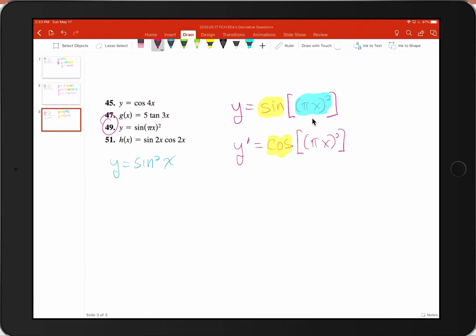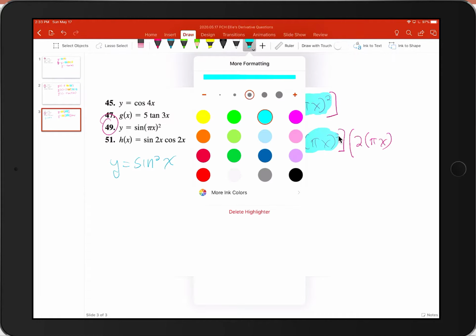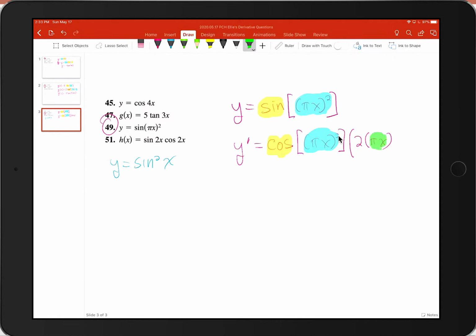Now we have to multiply times the derivative of the inside function, and I'm going to use a bracket again, or maybe just a big parentheses, I think, actually. Now, in taking this derivative, I have a second inside function. I'm going to bring down the 2, but inside these parentheses is pi times x, which is yet another inside function, and it has a derivative.